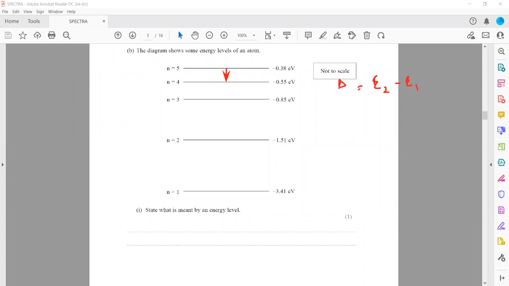That shows how much energy difference occurs. The higher level is called E2 and the lower level is called E1. So higher level is minus 0.38 electron volt, minus the lower level, minus 0.55 electron volt. When I take the difference of these two energy levels, I'll get a positive answer because it's energy. The negative sign only shows that energy is used to bind the electron within the atom.